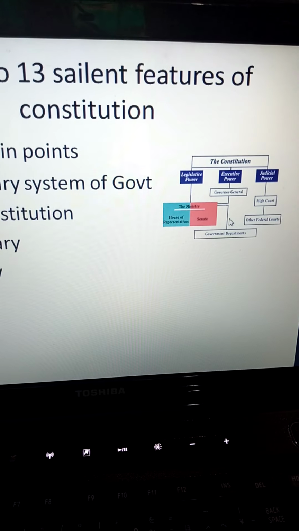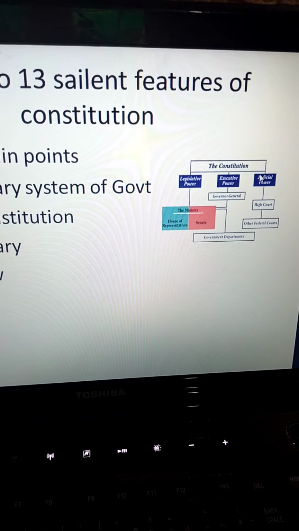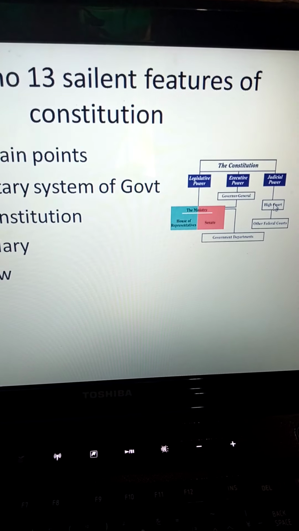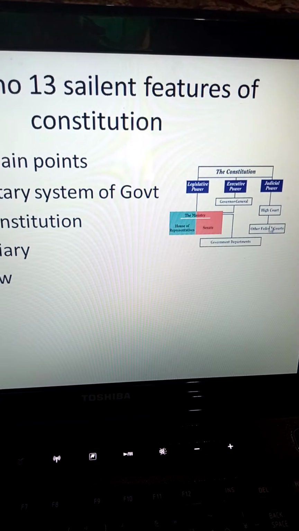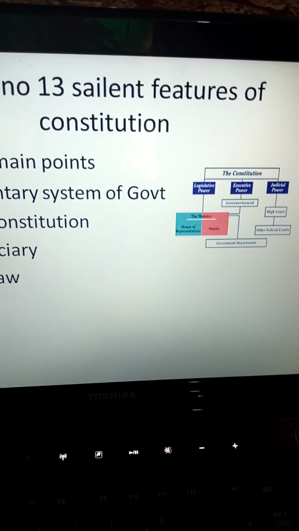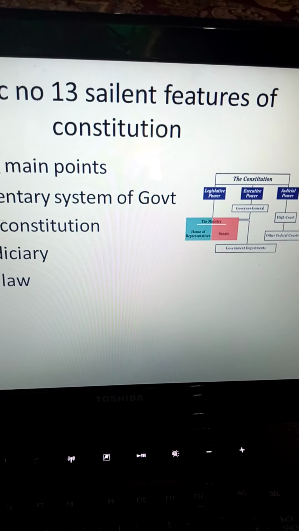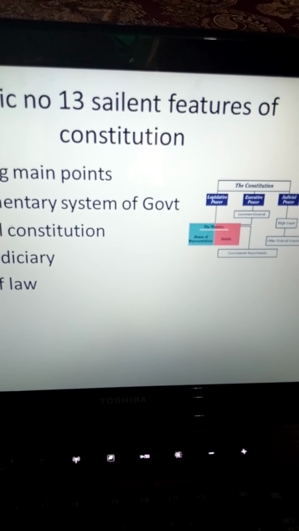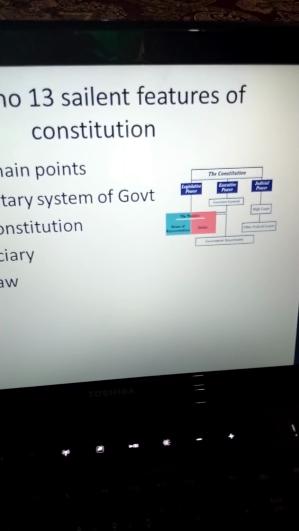Then the judicial power is the third one, High Courts and the other federal state. So these are the points that come under the constitution or the departments: legislative power, executive power, and the judicial power.